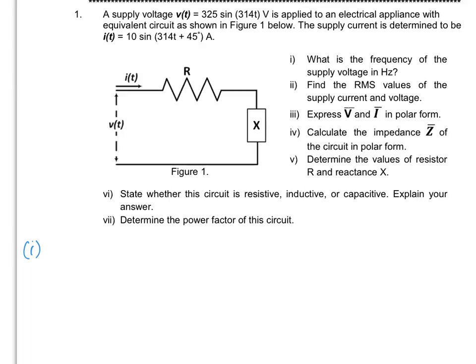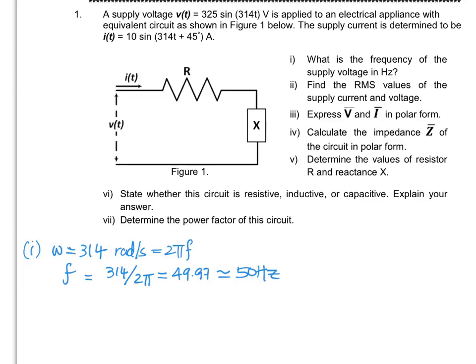We know that from the formula, the omega equals 314 radian per second. And this is also equal to 2 pi f, which means that the frequency can be calculated from 314 divided by 2 pi. And that gives me about 49.97, which you can say, round up to 50 hertz. Okay, so that's the first answer.